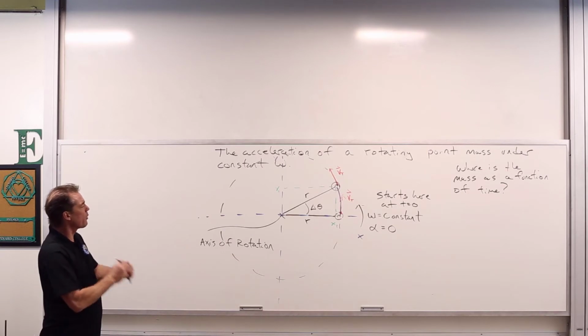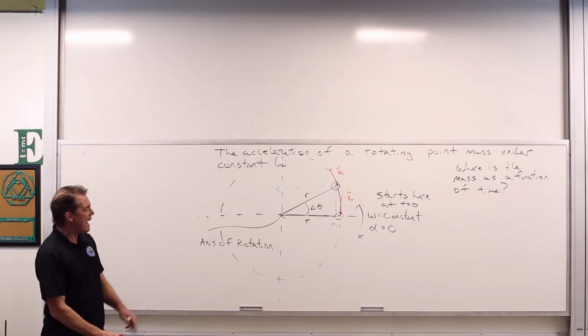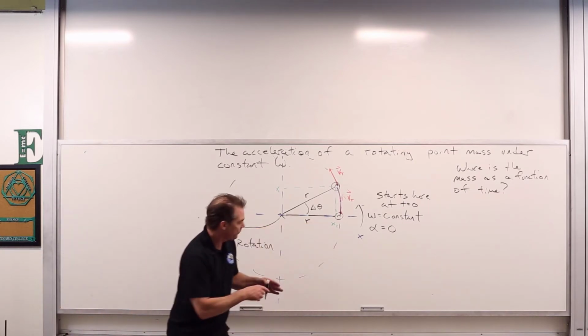We can say, well, what are those two coordinates? Well, first off, what are the coordinates of it when it's at this position at t equals 0?